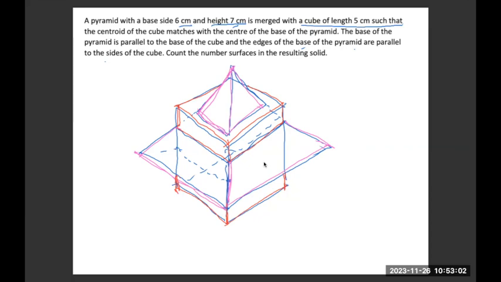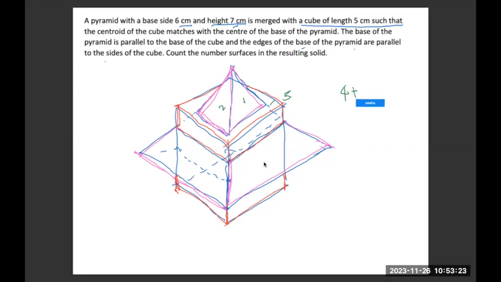So what you have to find is the number of surfaces in the resulting solid. Surfaces: 1, 2, 3, 4, 5, 6, 7, 8, 9.